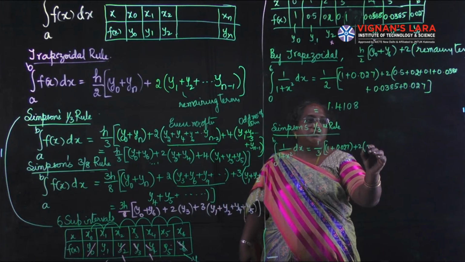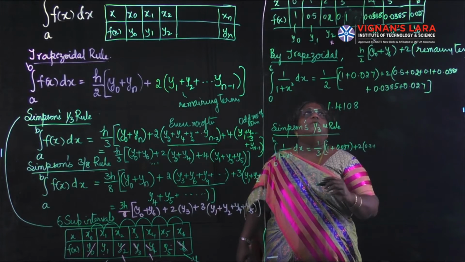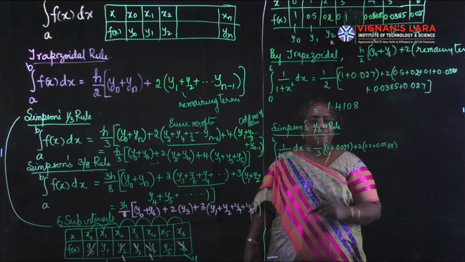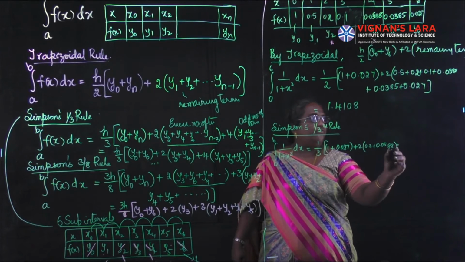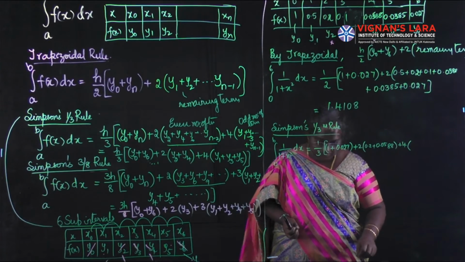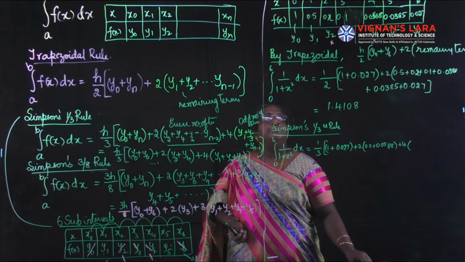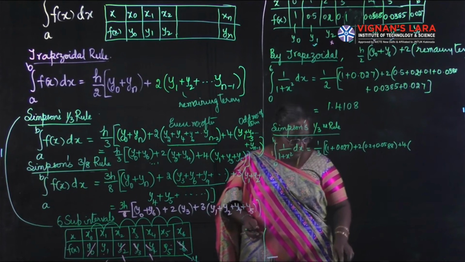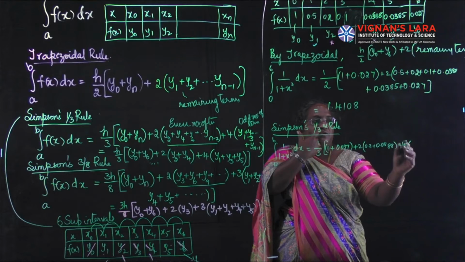y2 is 0.2, y4 is 0.0588, plus 4 times the remaining odd terms. The odd terms are y1, y3, y5. What is y1?